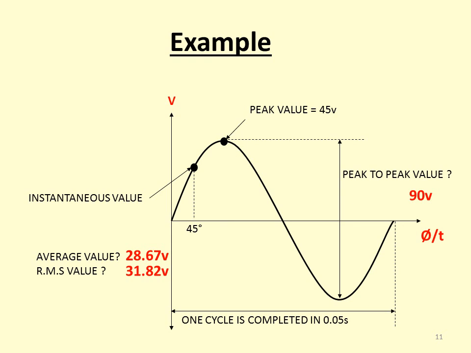The instantaneous value at 45 degrees will also give you the same value as the RMS, so you should have 31.82. Handy tip to know for your exams. And the frequency can be worked out by doing 1 divided by 0.05 seconds to give us 20 Hertz.